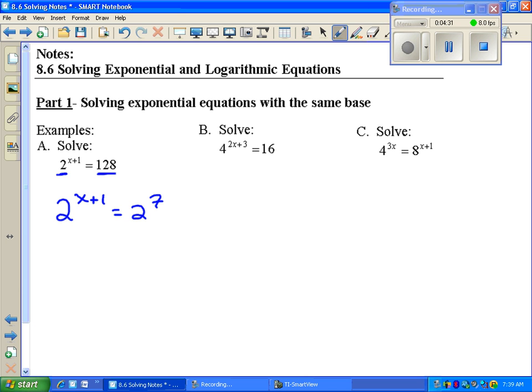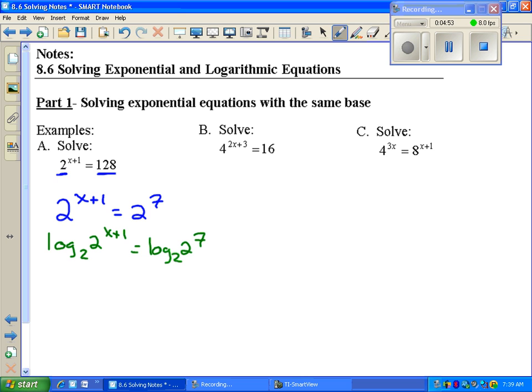Whenever we said that the exponents were the same, mathematically what we were really saying is log base 2. I take both of these to the log base 2: log base 2 of 2 to the x plus 1 power is equal to log base 2 of 2 to the 7th. This is what I was doing behind the scenes, and I never really told you.